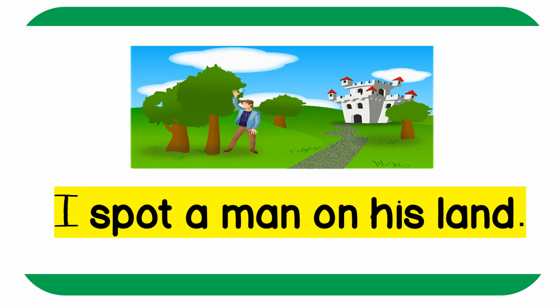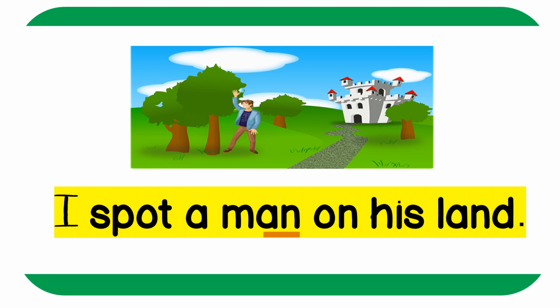Is it this one? This one? How about this one? No, this one only has a. Is it this one? Good job. We see a, n, an.